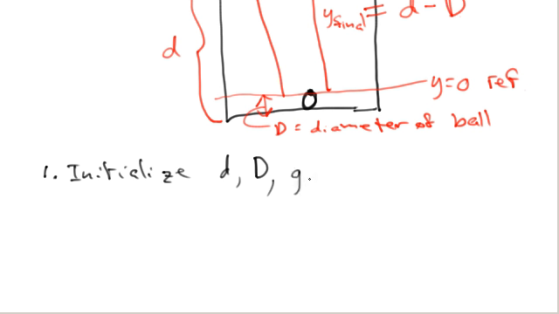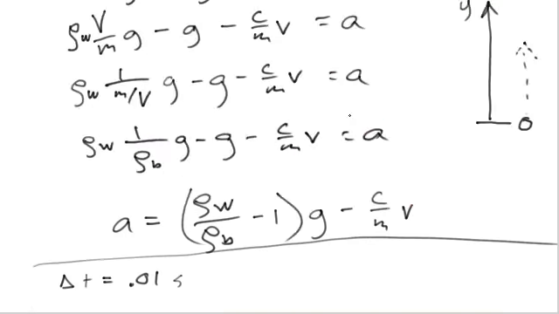I need G, rho sub W. I'm going to calculate rho sub B, the density of the ball. What else?